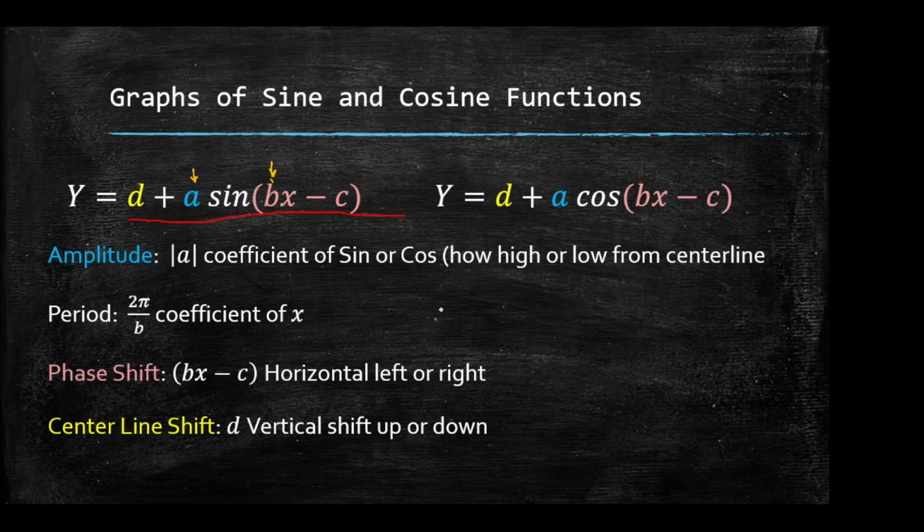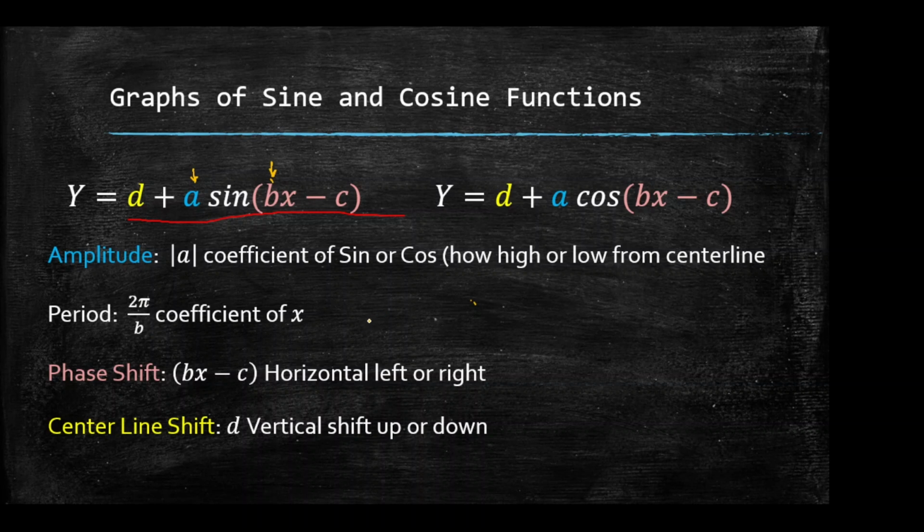This is going to shift my period. And so if b is 1, remember that the period from our function before was 1 trip around the circle, and so that was 2 pi. And if I multiply that value in front of x by b, then that period is going to shift by a fraction. So it's 2 pi divided by b. And I'll explain this a little bit more later.